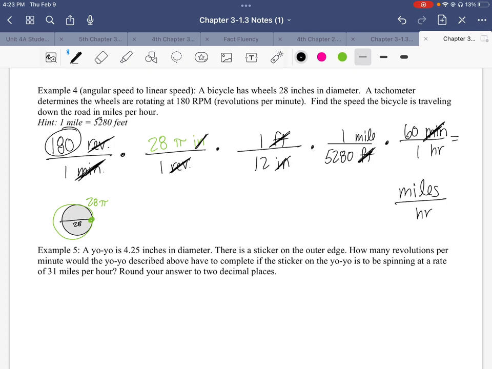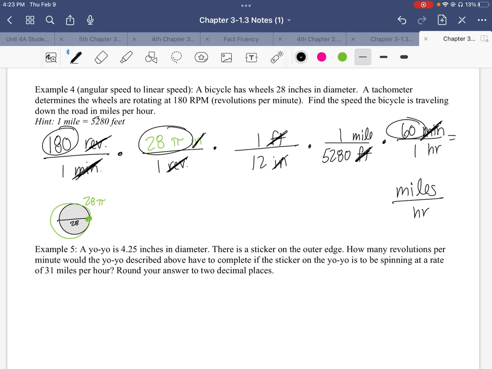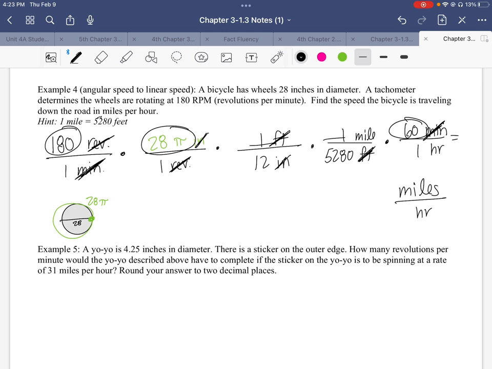So we can do 180 times 28 pi times 60 times 1 times 1. And we need to divide it by 12 times 5,280. And this can all be done in your calculator pretty easily. So 180 times 28 times 60 is 302,400. I have not multiplied pi in yet, and I'm going to hold off on that for just a second.